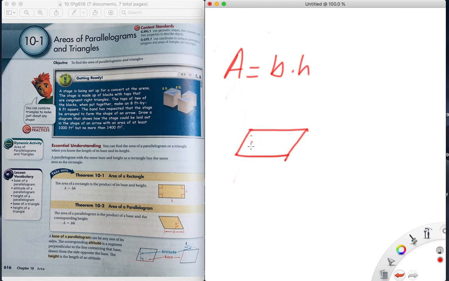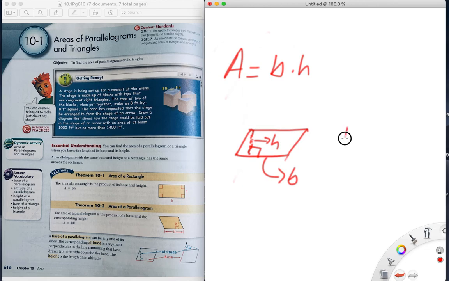For something to be considered a height, usually it's a dashed line, and it forms a 90-degree angle with the base. So this would be my base, and this would be my height, because they form a 90-degree angle. And since they form a 90-degree angle, we say there is base times height.